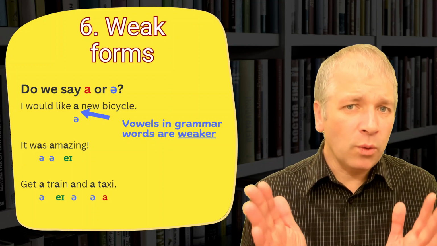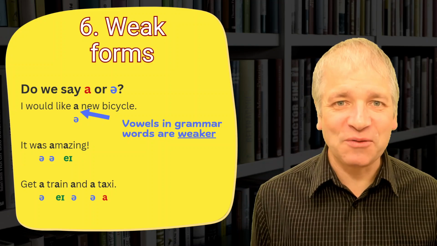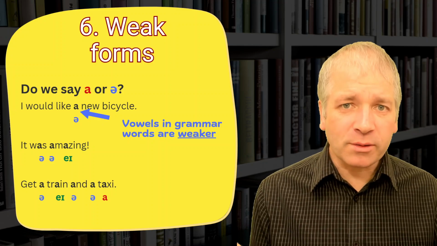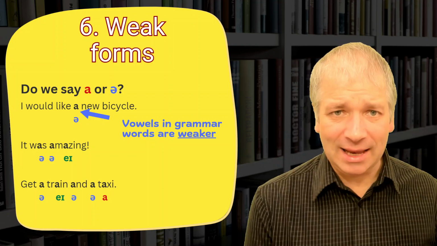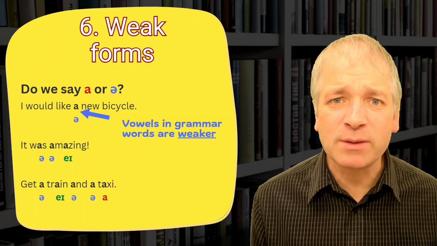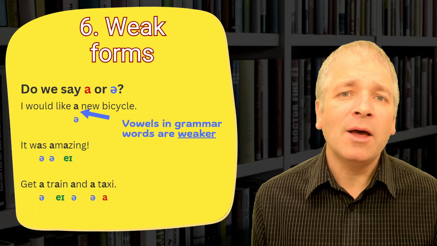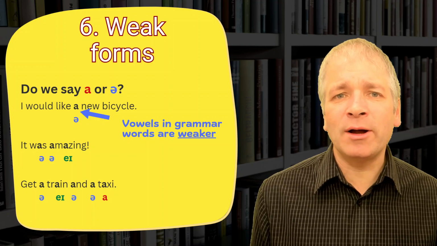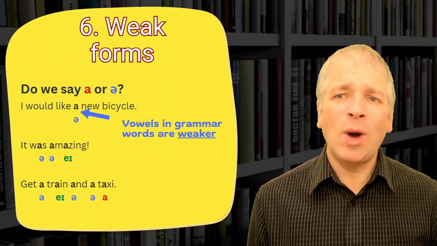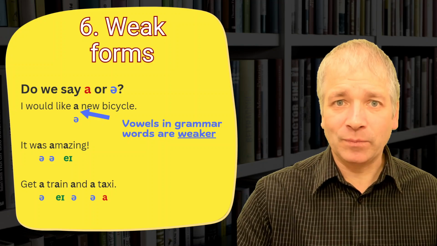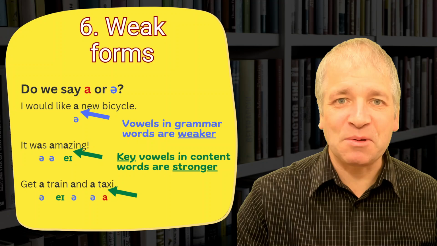Was here, I'll come to was later in the video, simply links the word amazing to it. It doesn't have any meaning of its own here. So when the letter A is used in words which don't have any meaning of their own, we weaken them when we're speaking quickly.